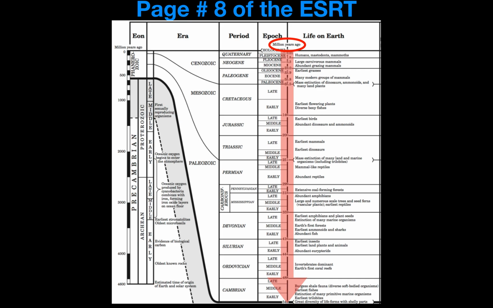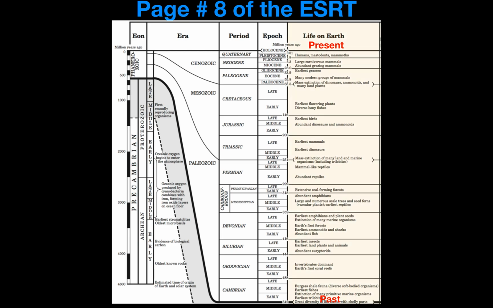So if you see the number at the bottom, which says 542, that's really 542 million years ago. So down at the bottom of the chart, we have our past, just like with our rock layers, oldest on the bottom. Our present, more younger rocks and features are going to be found near the top.